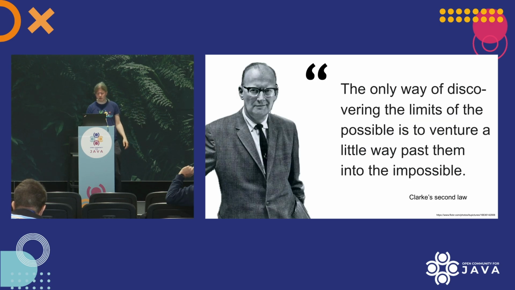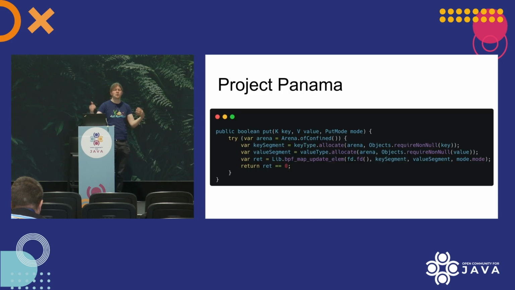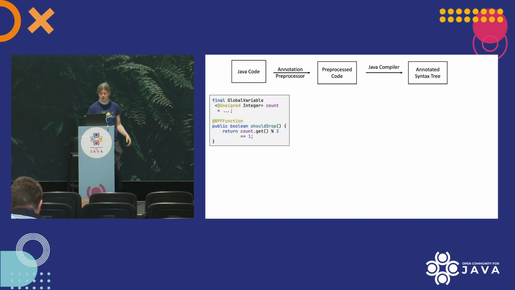To quote Clarke's second law, the only way of discovering the limits of the possible is to venture a little bit past them into the impossible, and that's what I did when I started in August to write this, because I think it allows us to write our applications directly in Java without having to switch languages. It's of course based on Panama, which is what's used to interface with this.